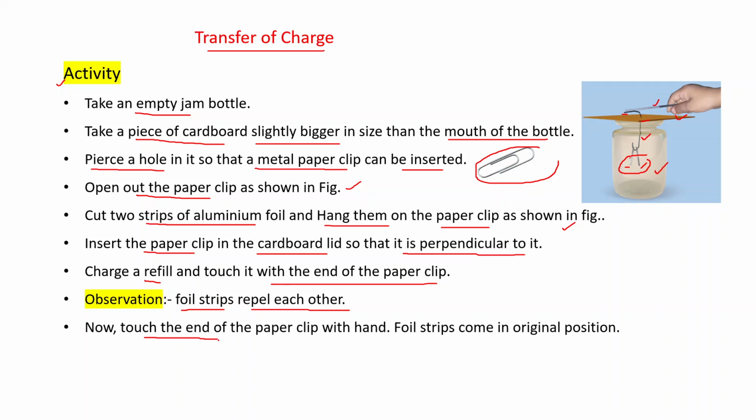Now touch the end of the paper clip with the hand. Foil strips come in original position. Now, if this end of the paper clip is touched with the hand, you will see that these foil strips will come in original position.